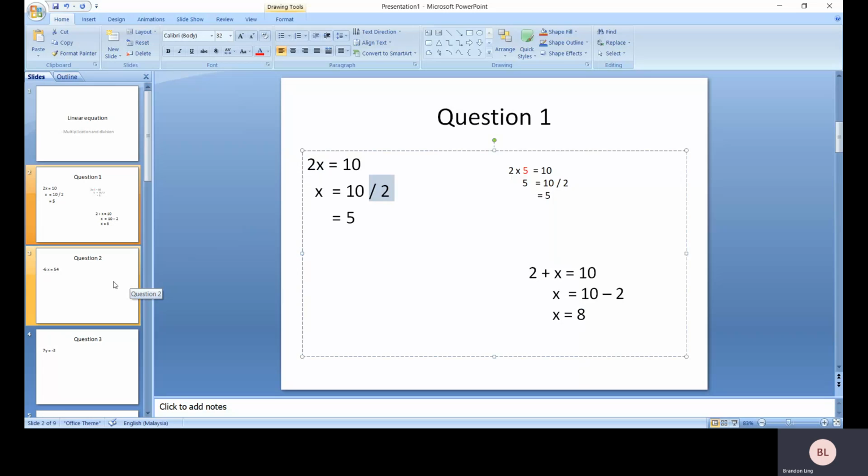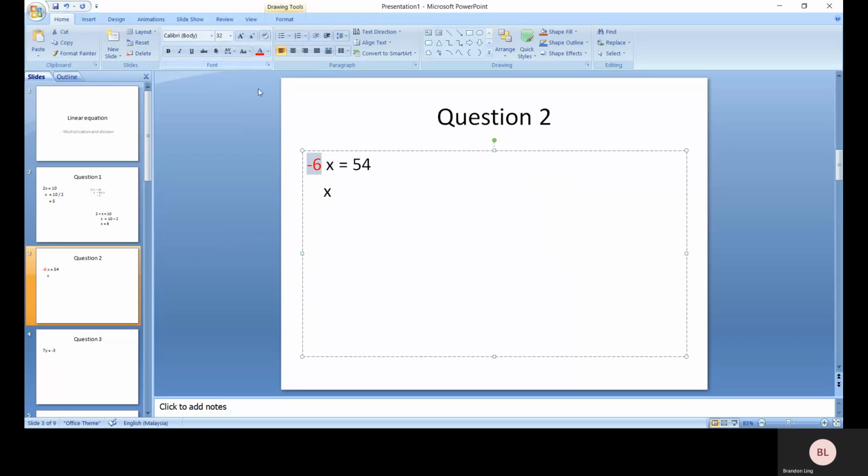Okay, we move on to question 2. For this question, -6 is a number which multiplies with x. So when you move -6 to the other side, you get divide by -6.